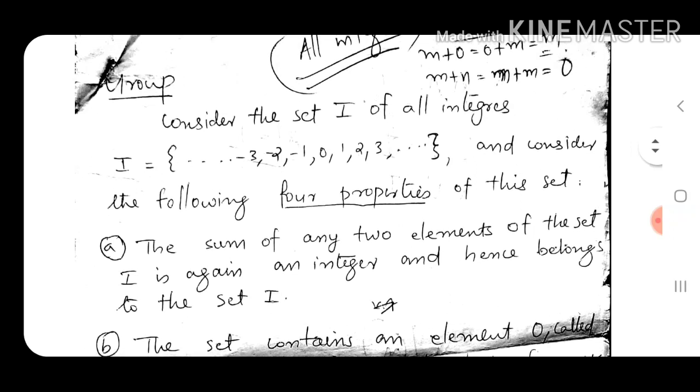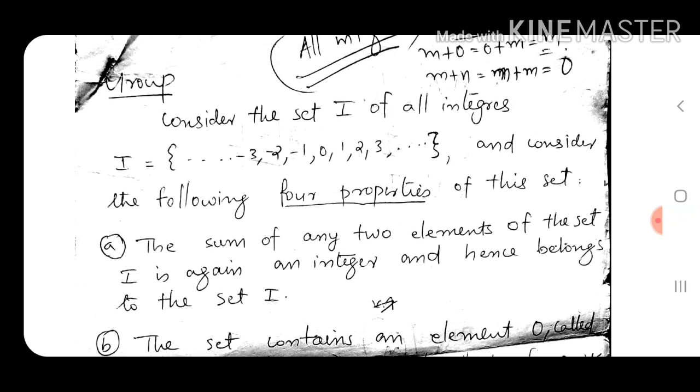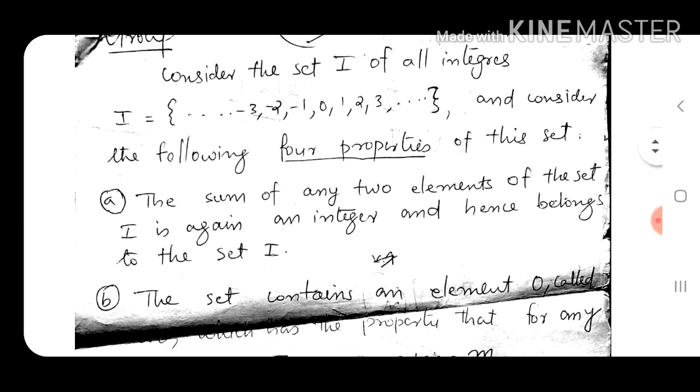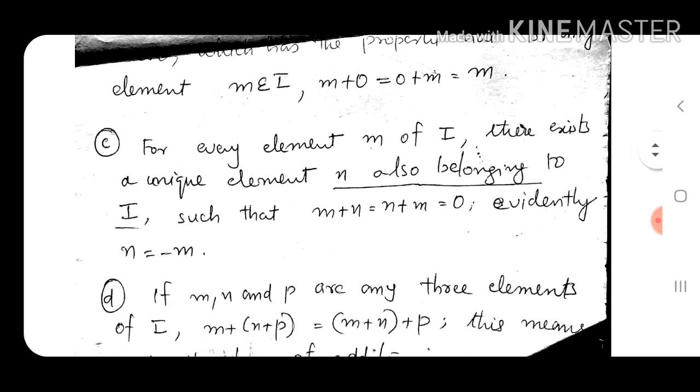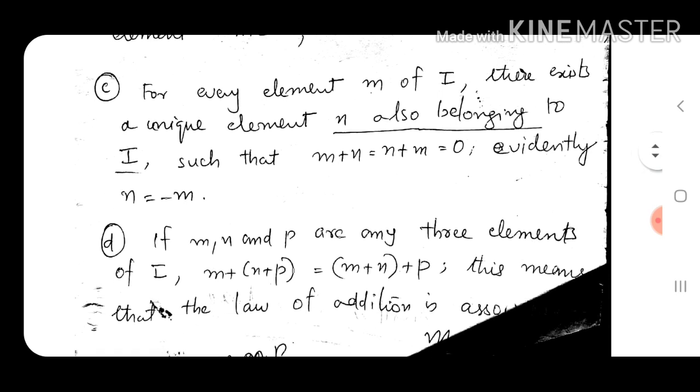You take any element, for example 2, then there is minus 2 in the set, so 2 plus minus 2 equals 0. If you take another element, say 10, there is minus 10 in the set, so 10 plus minus 10 equals 0. Clearly here n is equal to minus m. That is the third property.